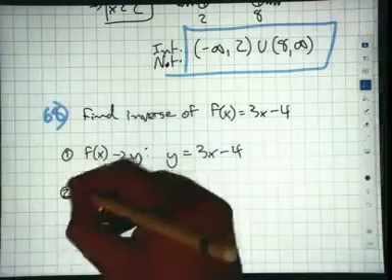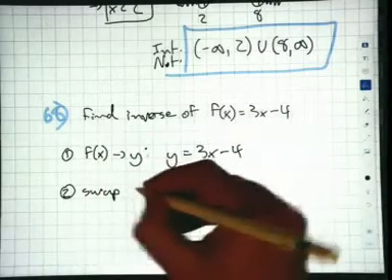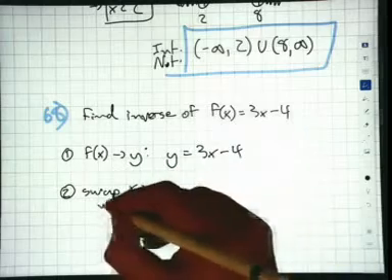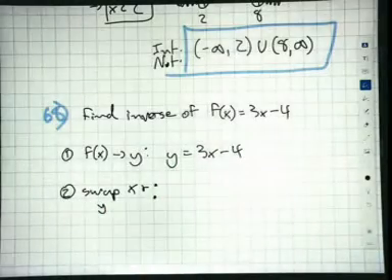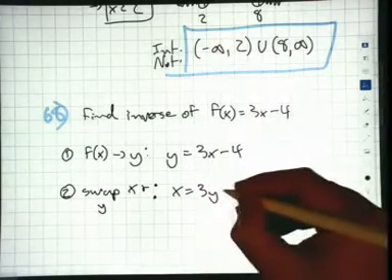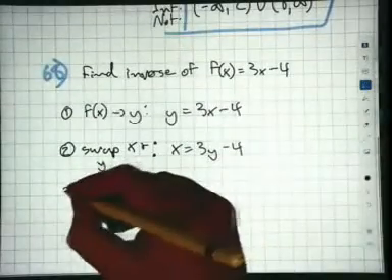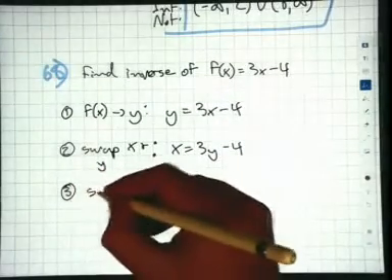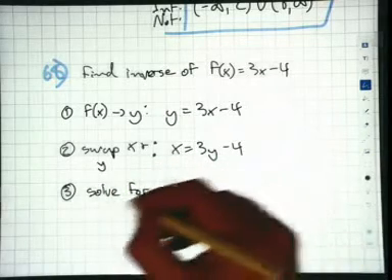Then step 2 is we now want to swap x and y. So this now becomes x is equal to 3y minus 4. Now, third step is to solve for y.